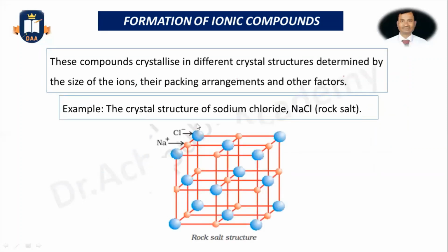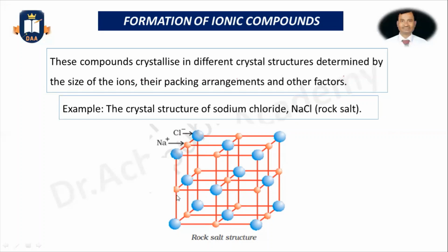Now we'll see an example. This is the sodium chloride salt structure, rock salt, and here is the Na plus in a small circle and a comparatively big circle, which is considered as the Cl minus anion.